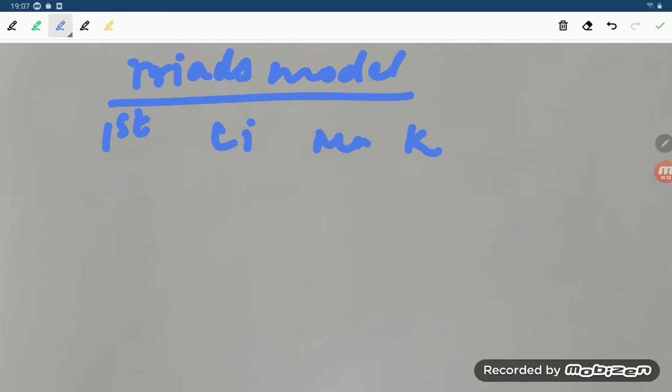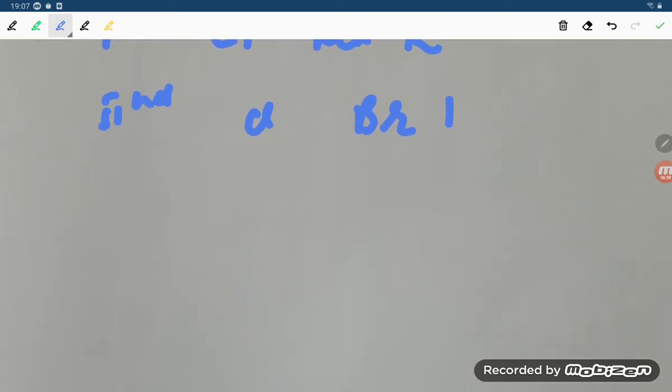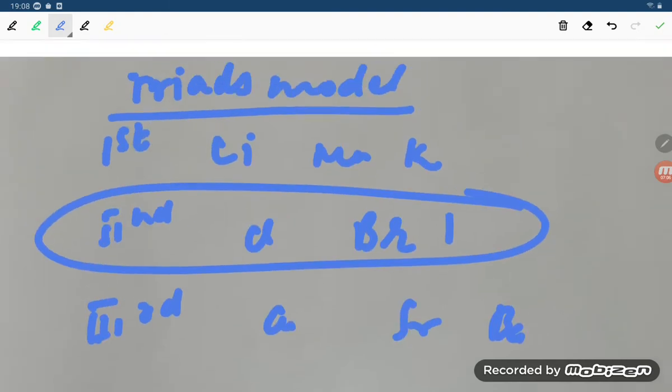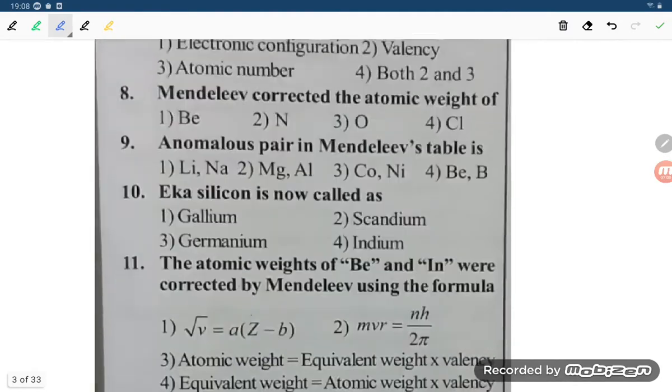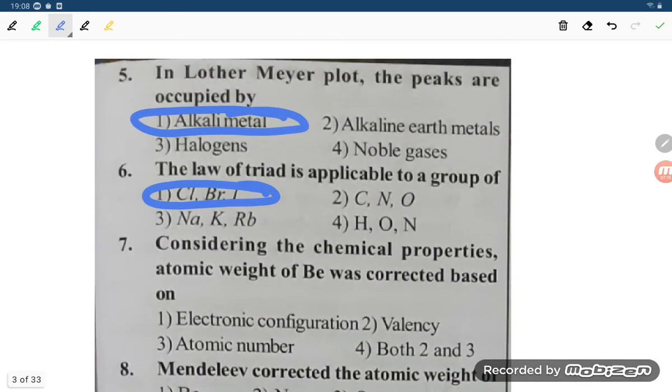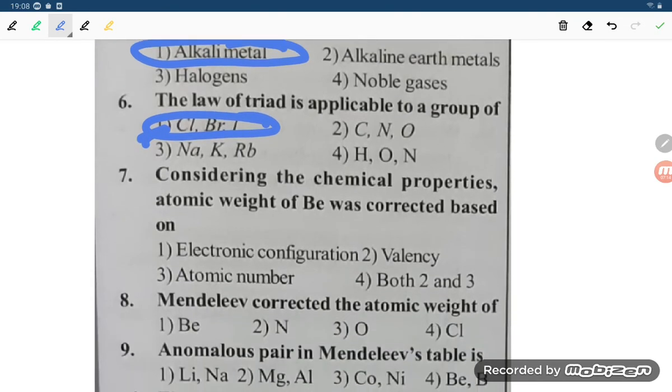The second triad was chlorine, bromine and iodine. And the third triad was calcium, strontium and barium. So in our options, the one applicable for triads is chlorine, bromine, iodine. So option 1 is correct.